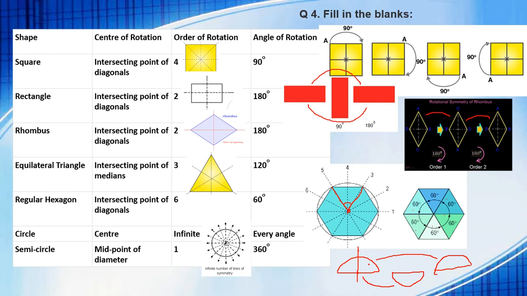So here the angle of rotation is 360 degrees, whereas its order of rotation is 1, because in only one turn the semicircle fits its previous position, with a 360 degree angle. So in this way we have to find the number of lines of symmetry and the angle of rotation.